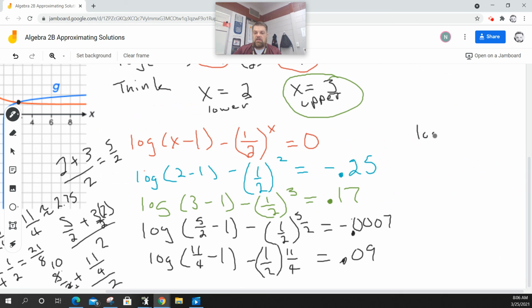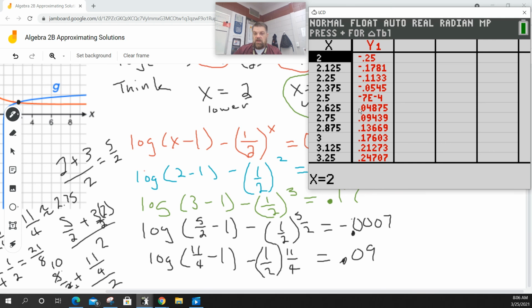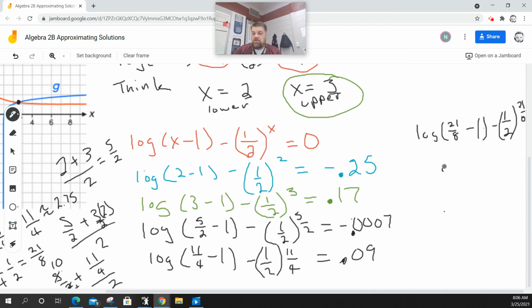Then we're going to come over here and evaluate log of 21/8 minus 1 minus 1/2 raised to the 21/8. And now I've got to look at that value, which is positive, right? So it's 0.05 roughly. So it's positive.